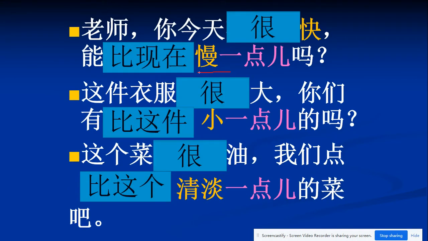That tells us if you see 一点儿 after the adjective, actually you're dealing with a comparison sentence. Sometimes this comparison information is hidden.